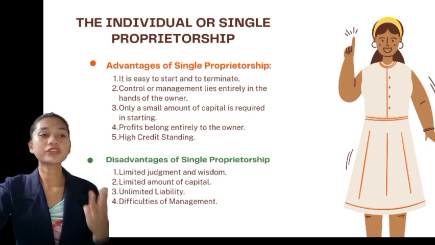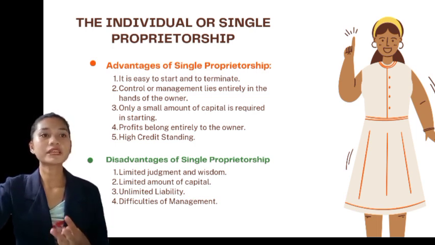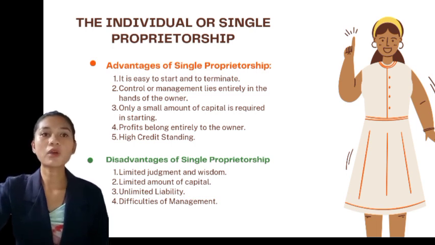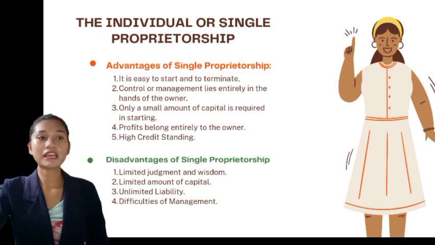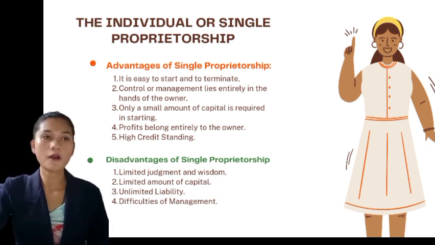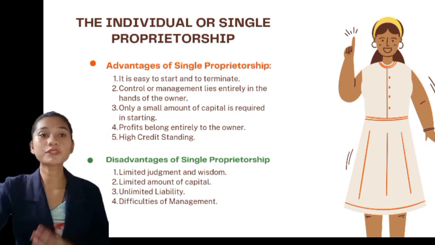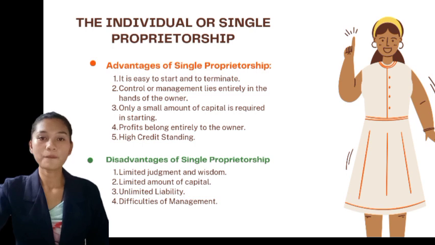And third is unlimited liability. So, single proprietorship is very risky, kay tanan nimong asset is nakataya, if you fail jud ka. But if you have the courage to try and continue what you've started until you succeed in that field.